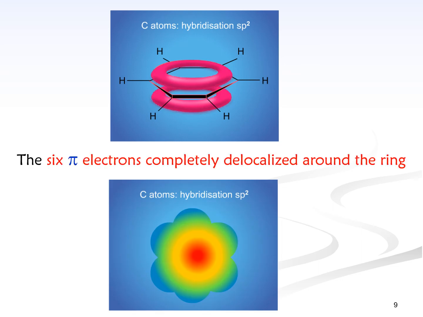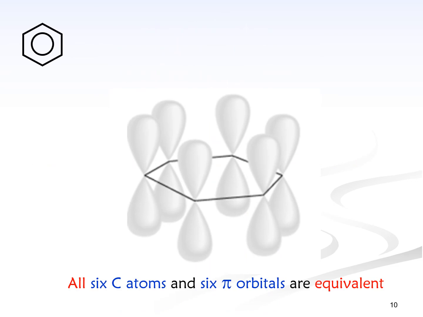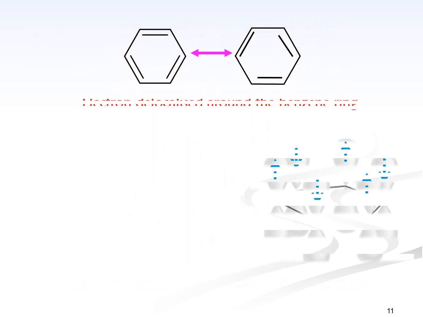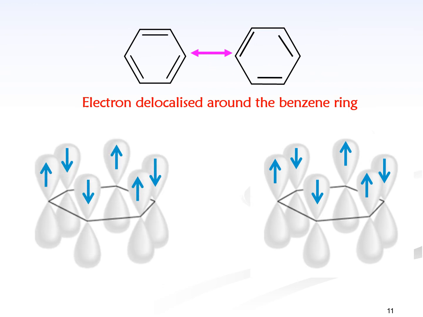The 6 pi electrons are completely delocalized around the benzene ring. All 6 carbon atoms and 6 pi orbitals are equivalent. The circle represents the 6 pi electrons distributed over the 6 atoms of the ring. In the benzene ring, the electrons delocalize around the ring.